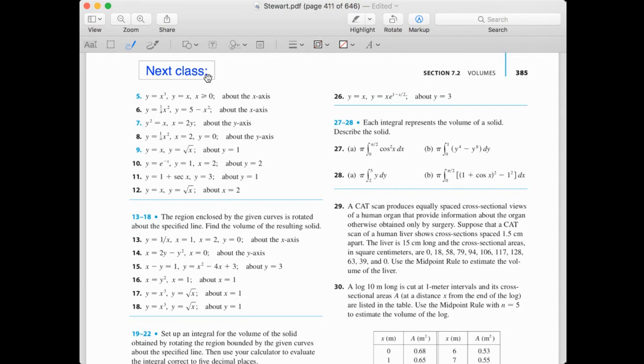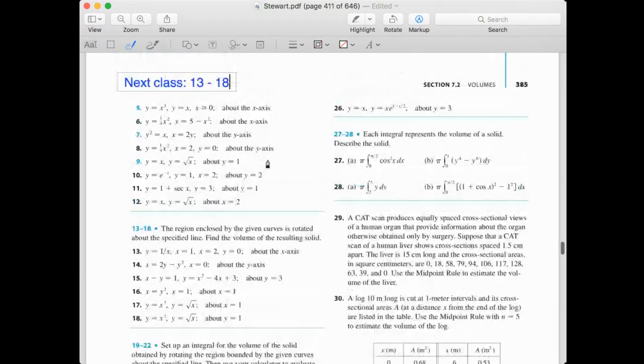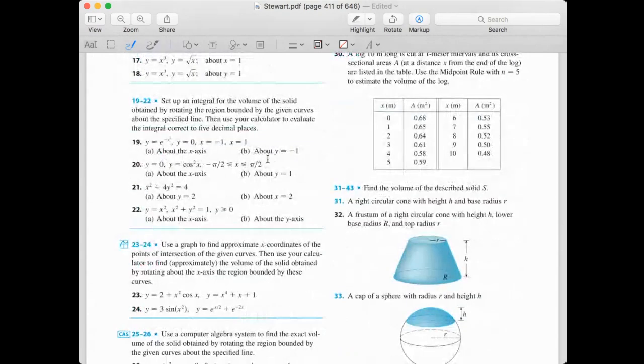So next class, let's see, 13 up to 18, and okay, good. 19 to 22 is only to set up an integral for the volume of the solid obtained by what's given.